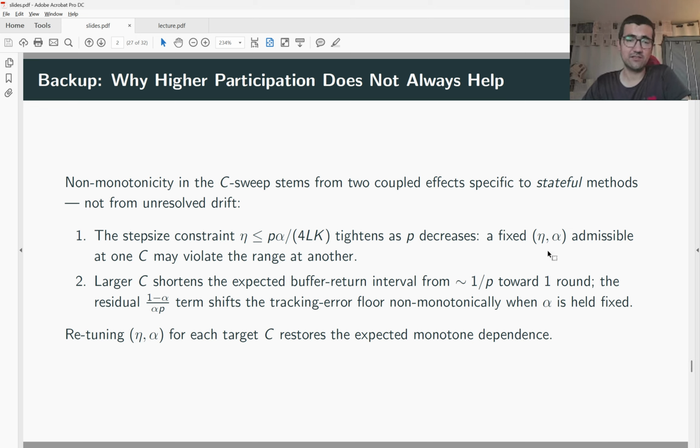The bottom line is, once you retune eta and alpha for the target participation level, the dependence becomes monotone again, matching the standard intuition. It's a sensitivity of fixed hyperparameter sweep, not a flaw of the drift correction.